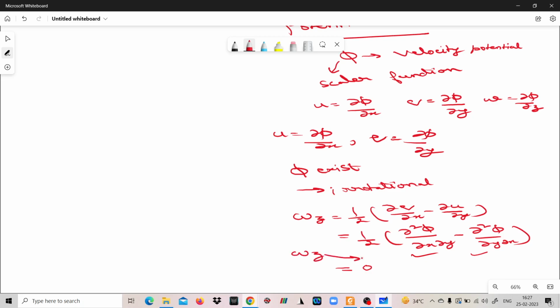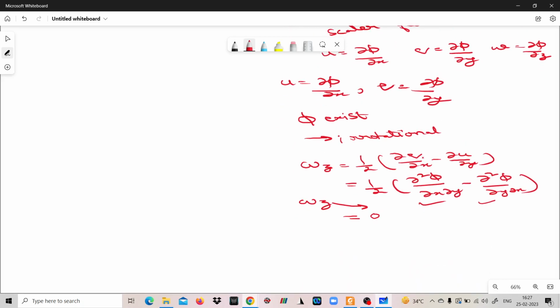Now if the flow is irrotational, what does it mean? If it is a three-dimensional flow, then omega is a vector which has three components: omega x i cap, omega y j cap, plus omega z k cap.